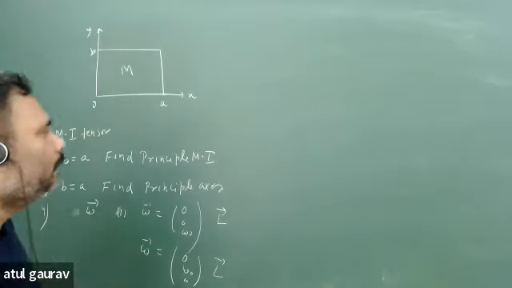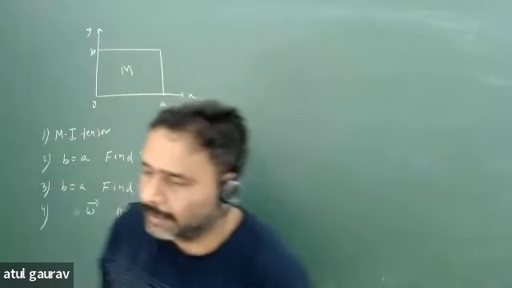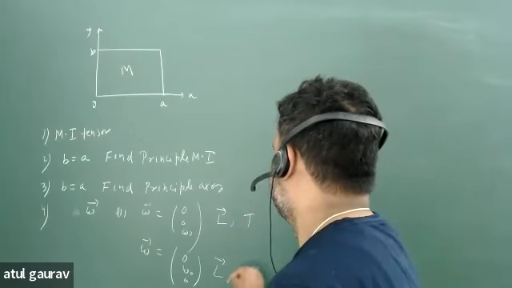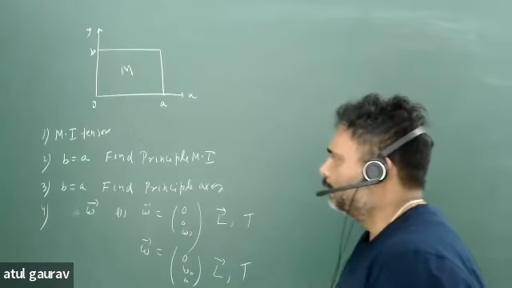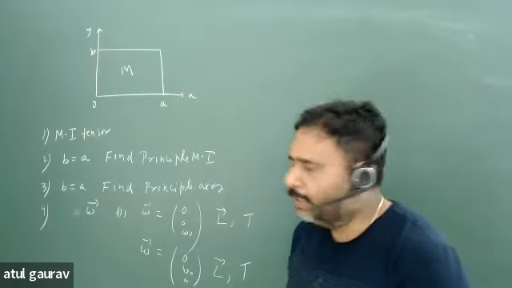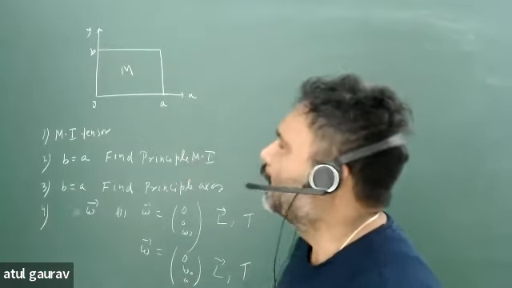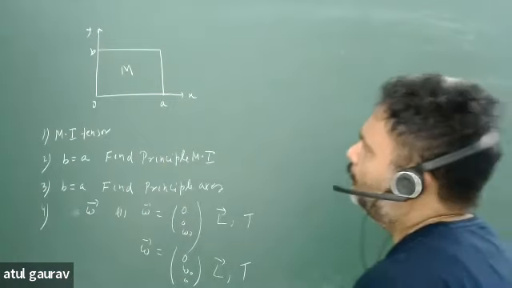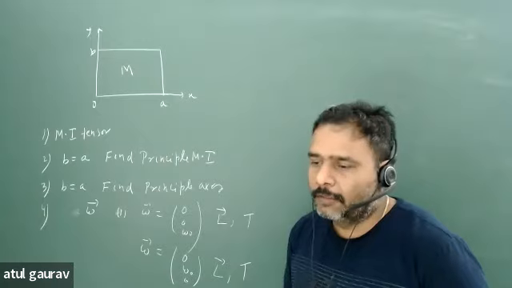Once you calculate the angular momentum, you can easily calculate the kinetic energy. So you also have to calculate the kinetic energy in both cases. In this one problem, we will try to solve all of this, and let's see how much time we take.